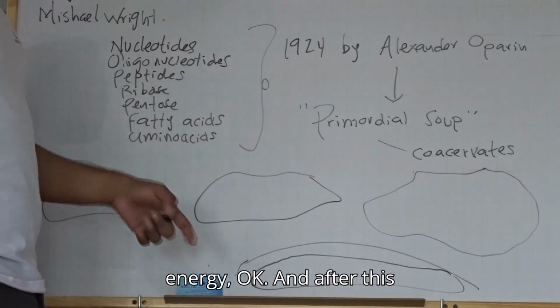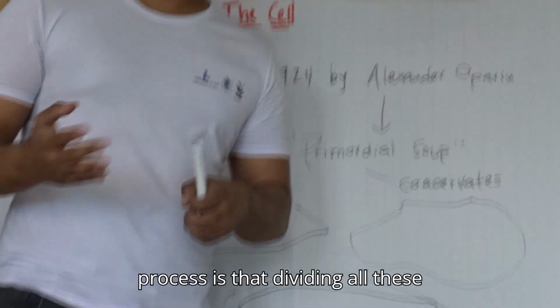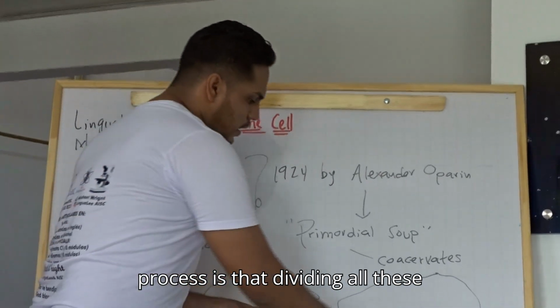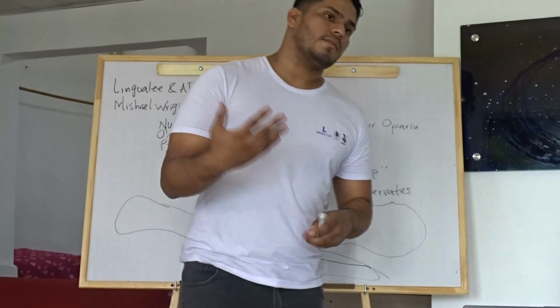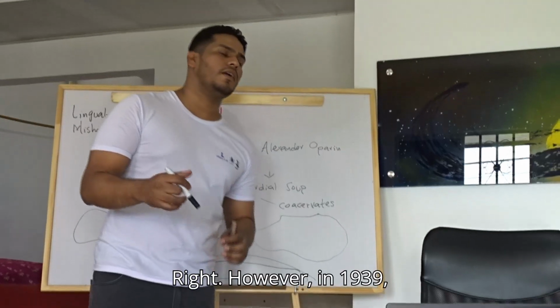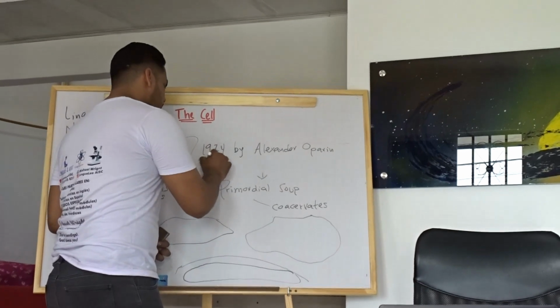After this, chemical processes divided the soup and gave us all the cellular structures.